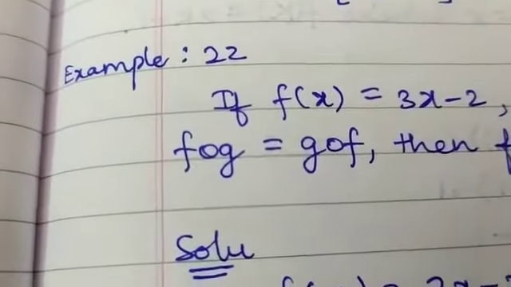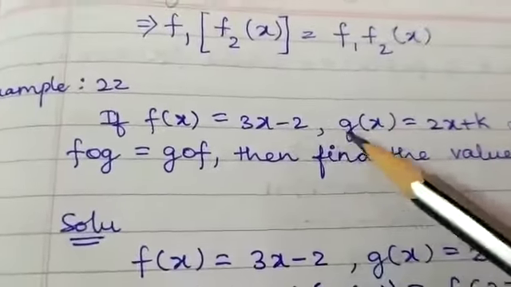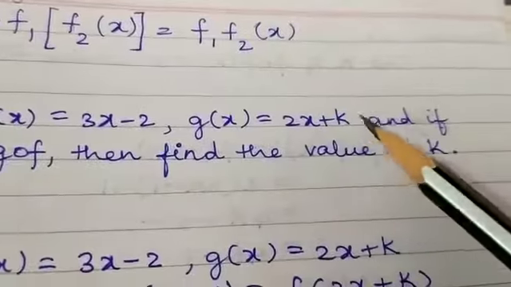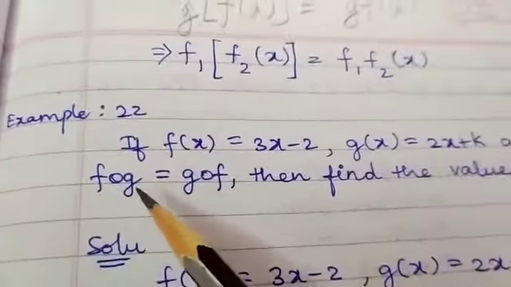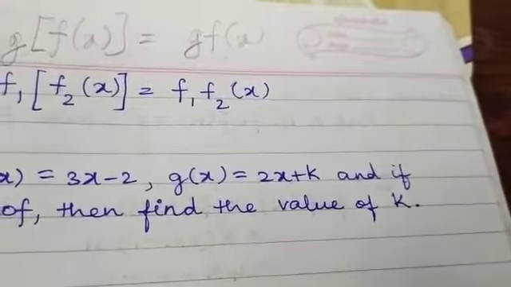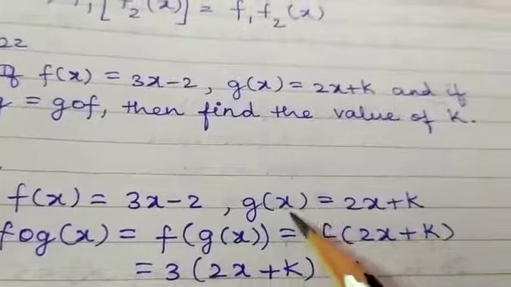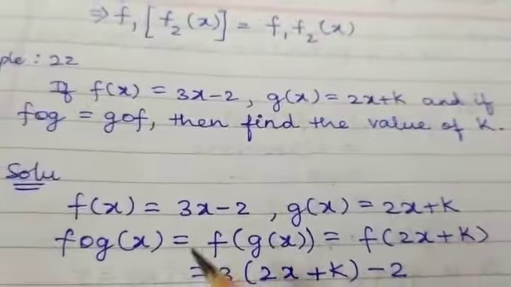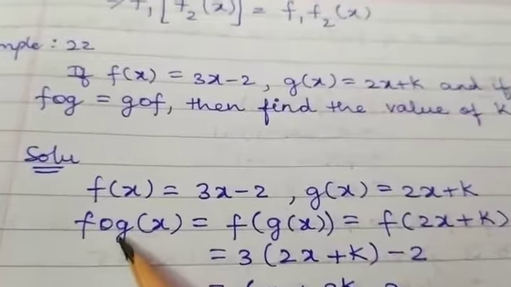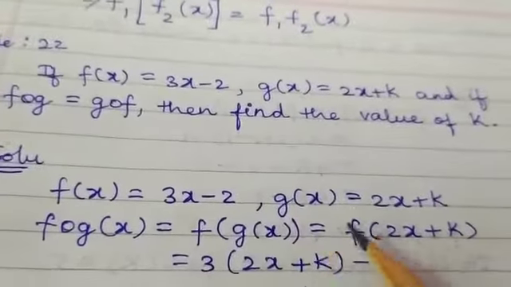So our next example is number 22. If f of x equal to 3x minus 2 and g of x equal to 2x plus k, and if f dash g equal to g dash f, then we have to find the value of k. So f of x is given as 3x minus 2 and g of x is given as 2x plus k. So f dash g of x equal to f of g of x, that is f of 2x plus k.